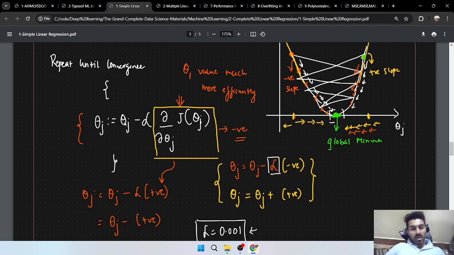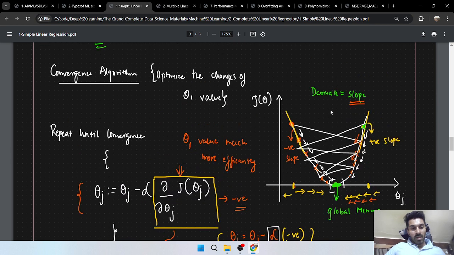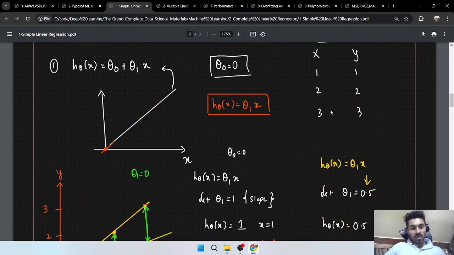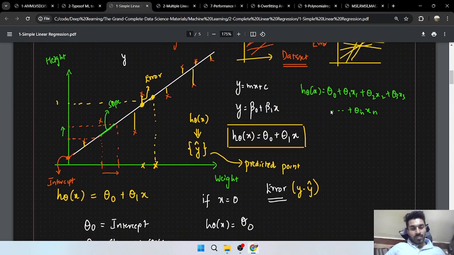Positive will come, and again m old minus some value, so this time your m will be reduced and will come here. Applying again and again, running a number of epochs, you will get the global minima by applying this formula. This is the use of the gradient descent function.